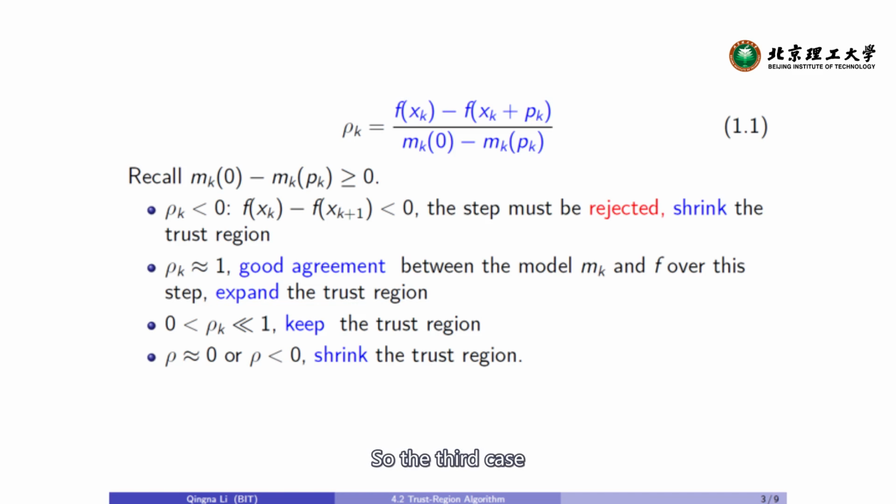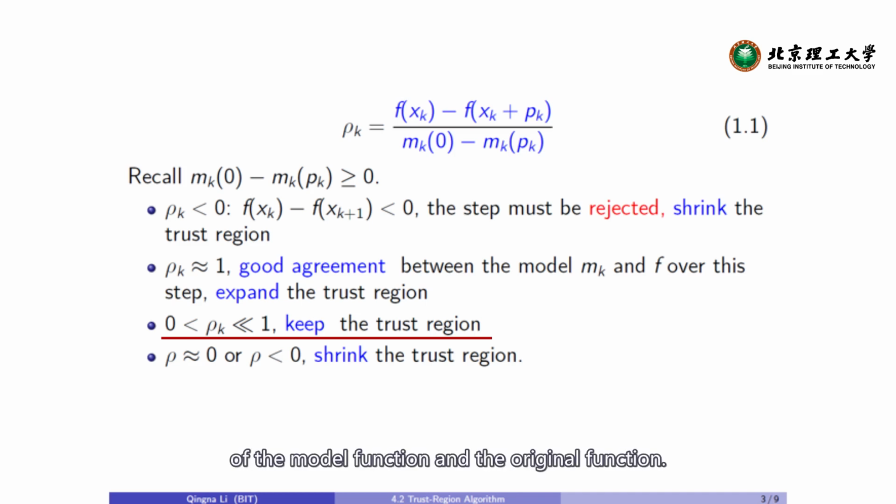The third case is that rho k is positive and close to 0 but far from 1. In this case, we get some agreement between the model function and the original function. However, the performance is not that good.